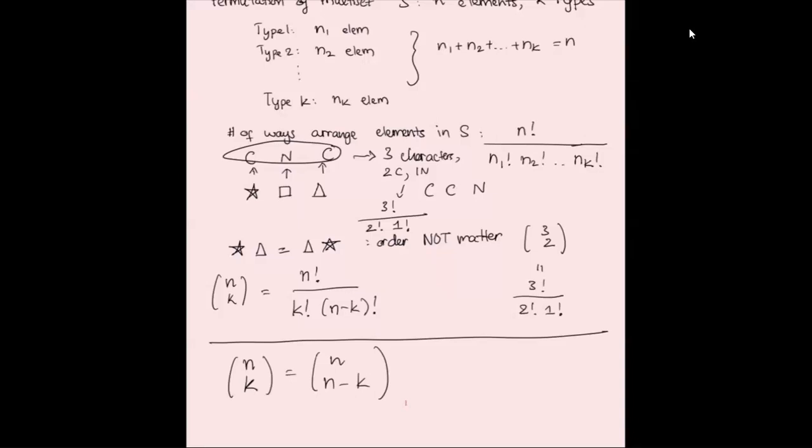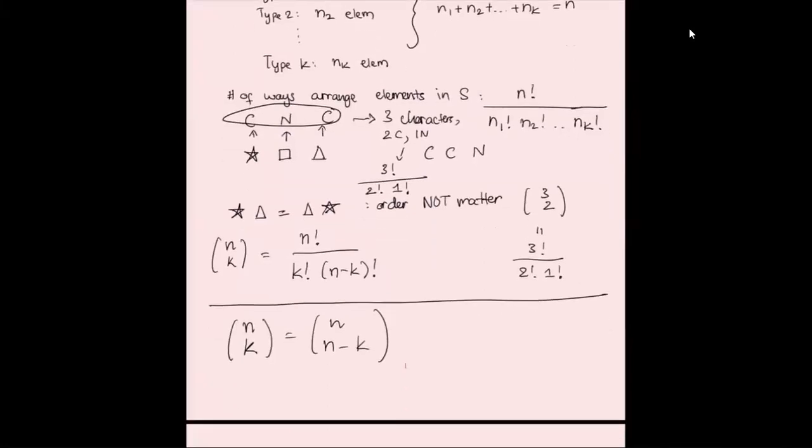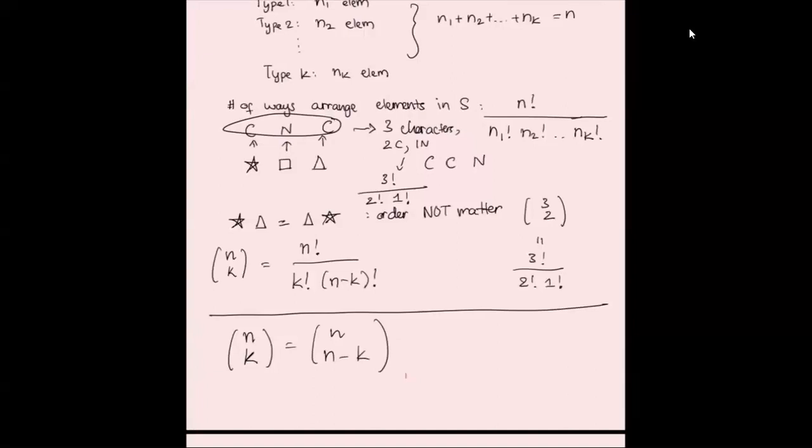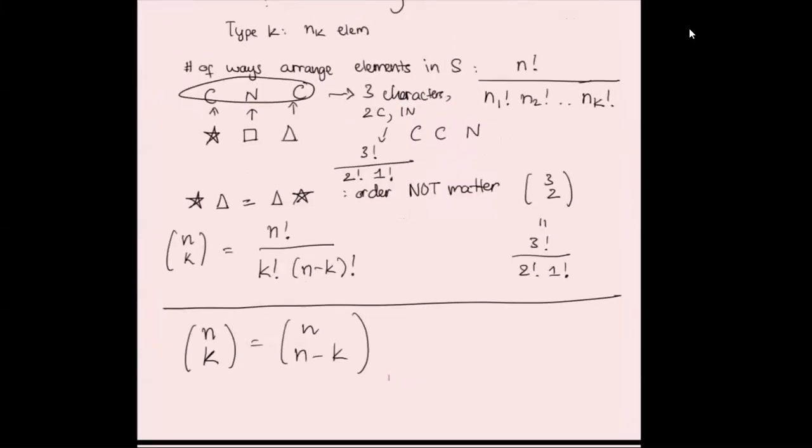Use this formula for the expression here, and also use this formula for the expression here, and then expand them out. You will see that the two expressions are equal. However, you can argue for it in a more intuitive way, which we call combinatorial argument.